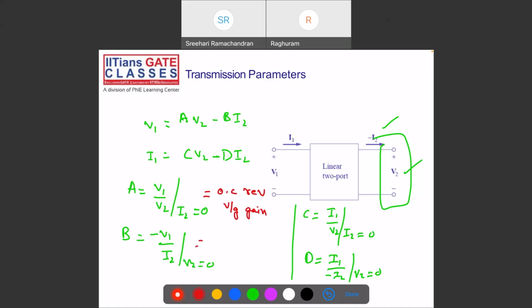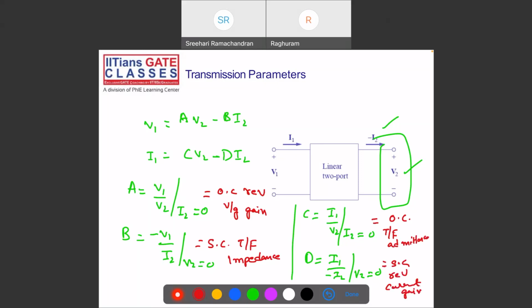Voltage 0 is short circuit, so short circuit transfer impedance. C is transfer admittance, the open circuit transfer admittance. D is reverse current gain, the short circuit reverse current gain.